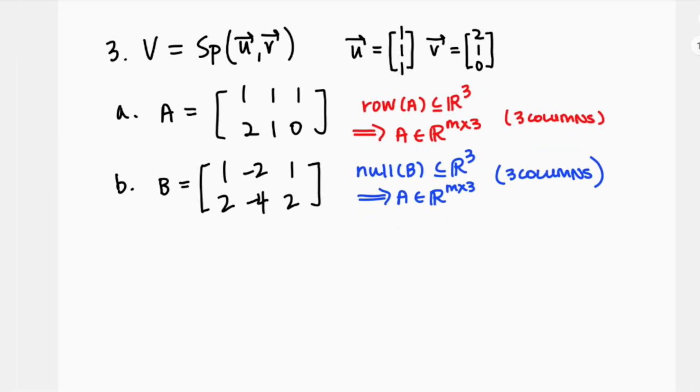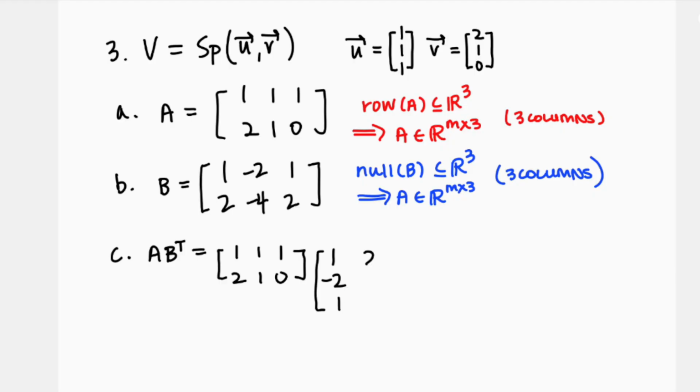Great. All right, now I'm going to multiply A times B transpose and see what happens. Just multiply A times B transpose and see what comes back. So 1, 1, 1, 2, 1, 0 multiplied by 1, -2, 1, and 2, -4, 2.